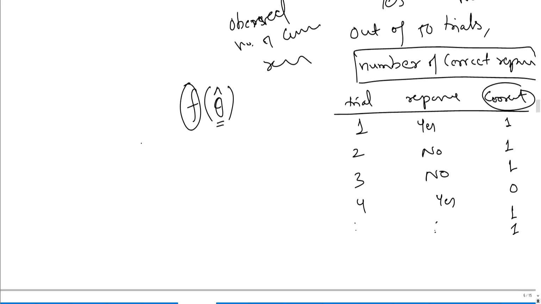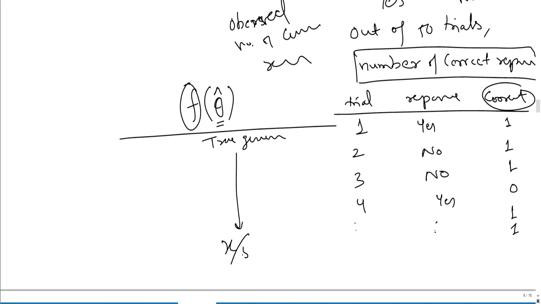In the Bayesian framework we do it like this. Let us say your data is that x correct responses are observed out of a total of 50 trials. We do not know what the true generative process is. So, we assume that this observed number of correct responses comes from an underlying distribution f of theta.